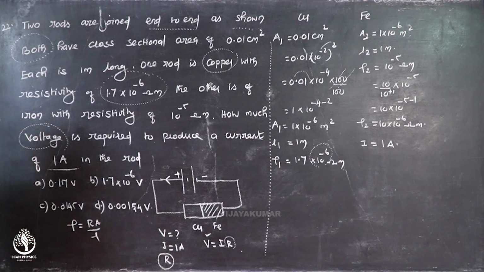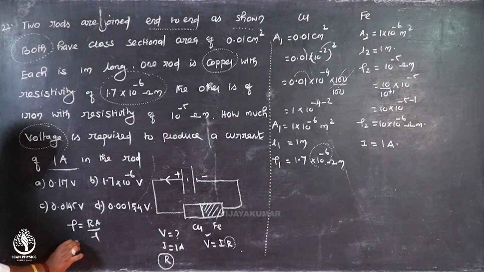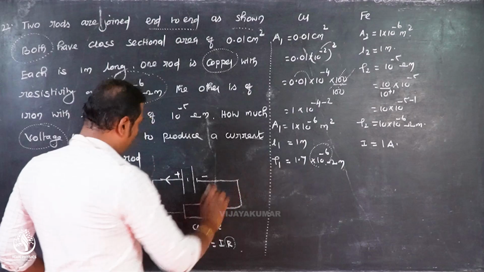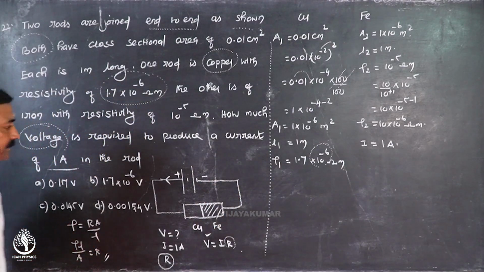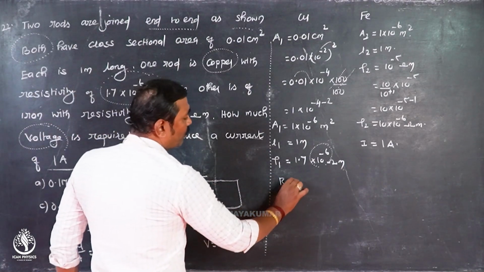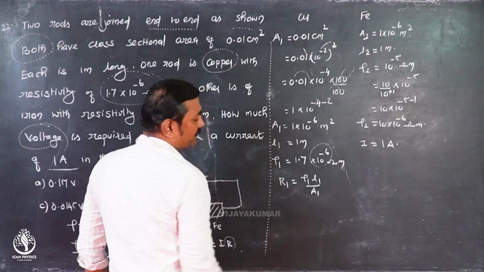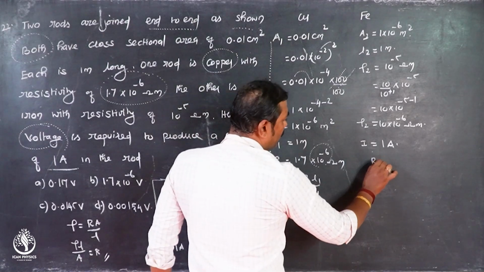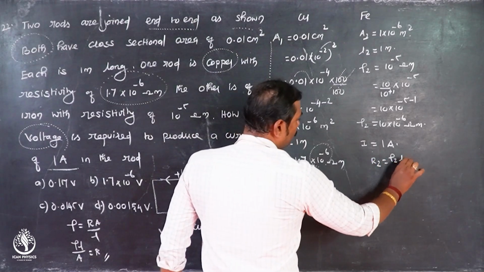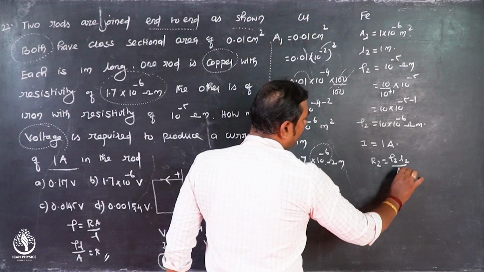Now we have two cases, copper and iron. For those cases, we are going to calculate only the resistance. The division L comes to this side as multiplication, and the multiplication area comes to this side as division. Then we can calculate the value of R. So for copper, R1 equals rho 1 L1 by A1. Here R2 equals rho 2 L2 by A2.